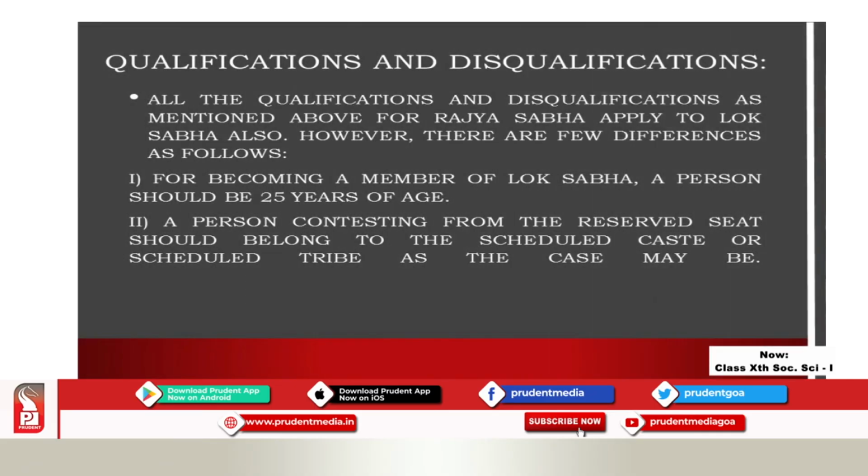Now, a person contesting from a reserved seat should belong to the scheduled caste or scheduled tribe, because the seats are reserved only for these two communities. So, if a person wants to contest from a reserved category, he must belong to that category. No other person from any other category can contest election there.